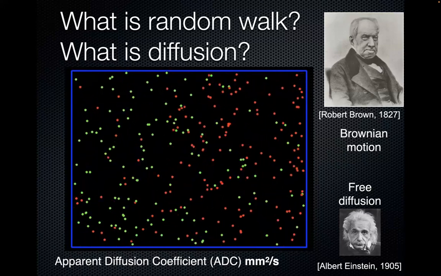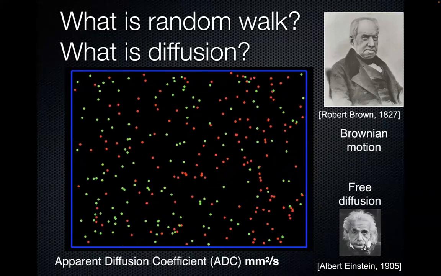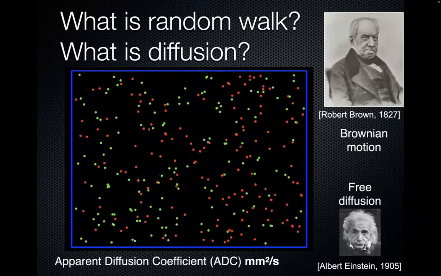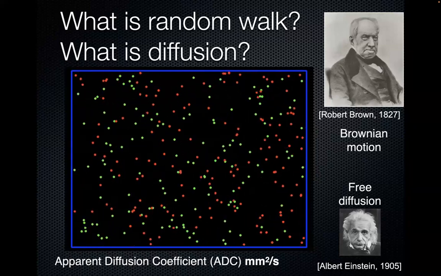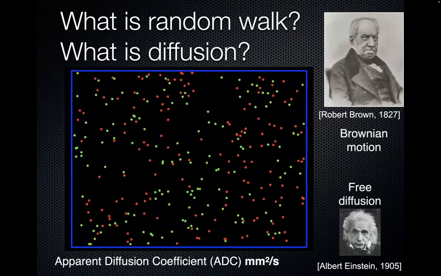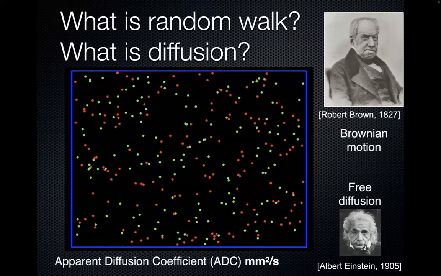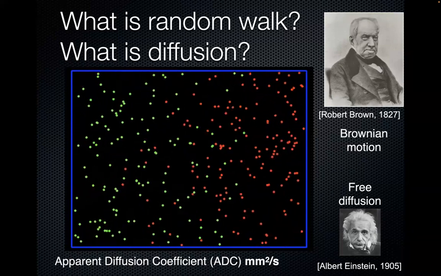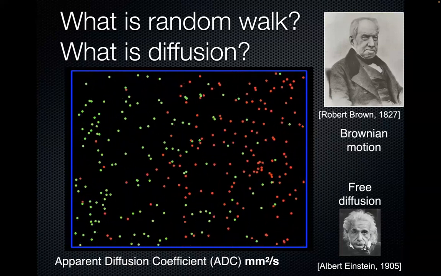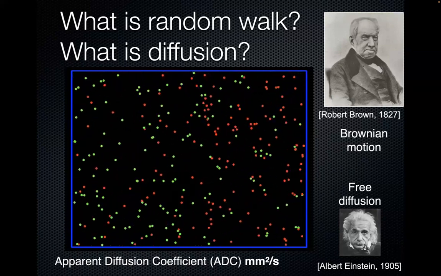Water at 37 degrees, water at 0 degrees, blood. And so this is quantitative. And this is what we're going to try to measure with MRI. This was the revolution of diffusion MRI, is that we can use an MRI machine to calculate what is the apparent diffusion coefficient of water in CSF, in cerebral spinal fluid. Okay?